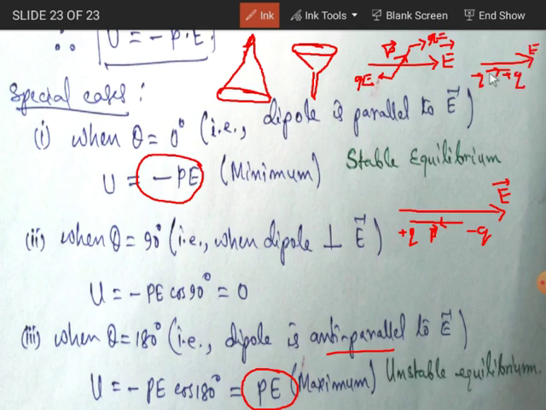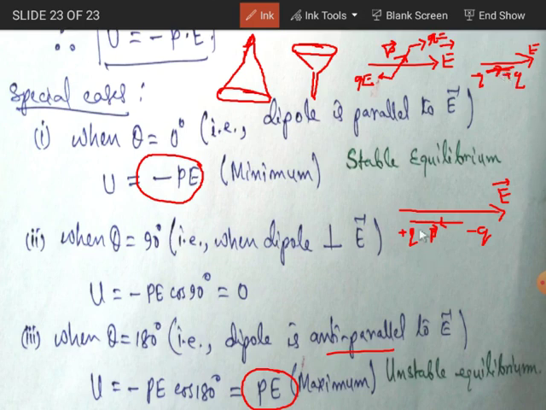And this is your dipole moment in this direction. As this energy is minimum, if you try to tilt this dipole toward this side, pushing on this side, it will try to come back to this equilibrium position. Why? Because potential energy is minimum, so it does not have much ability to do work, so it will try to come back to its equilibrium position.